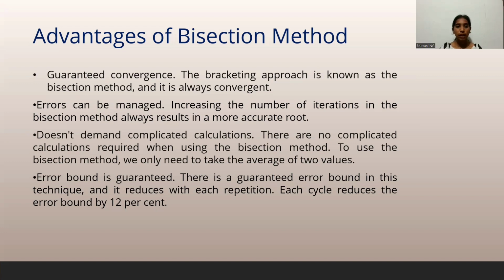There are no complicated calculations required when using the bisection method. To use it, we only need to take the average of two values. Error bound is guaranteed. There is a guaranteed error bound in this technique and it reduces with each repetition. Each cycle reduces the error bound by 1/2.